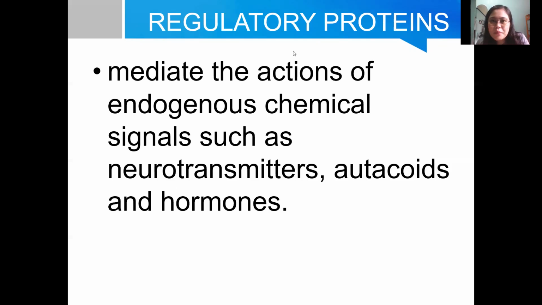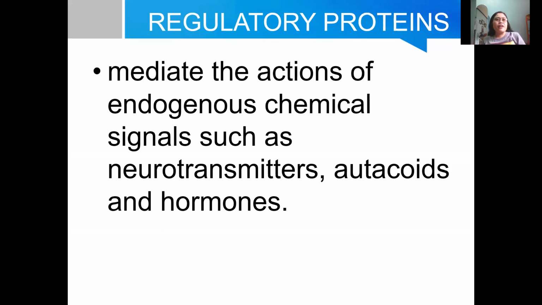So again, hormones are produced by glands, while neurotransmitters are produced by neurons or nerve cells. So an example of a hormone is insulin. That's a hormone. It's produced by the pancreas. So the pancreas, class, is a gland.